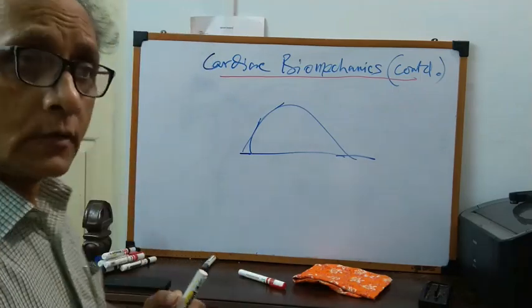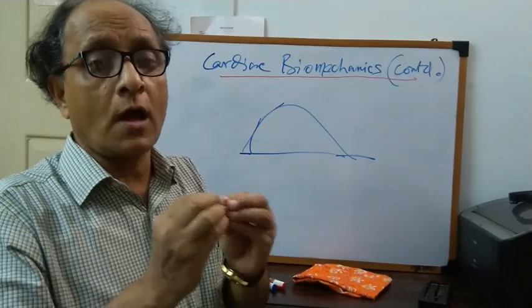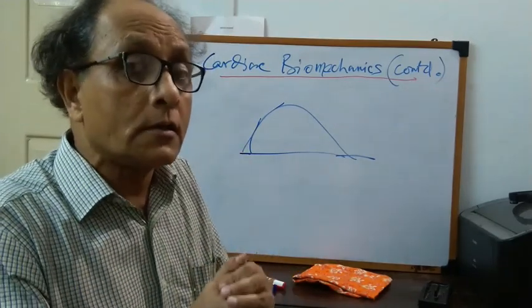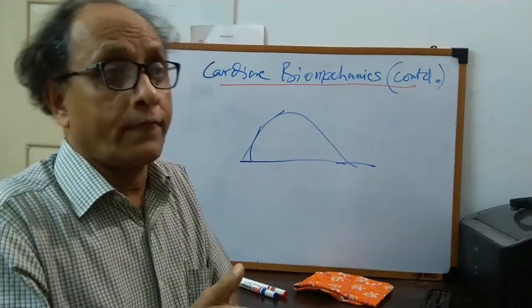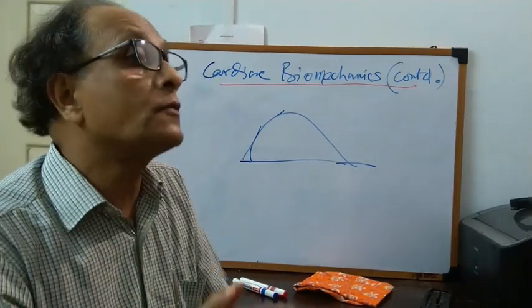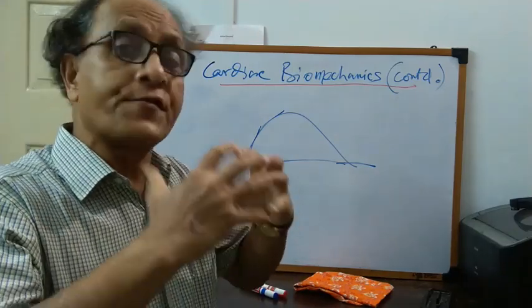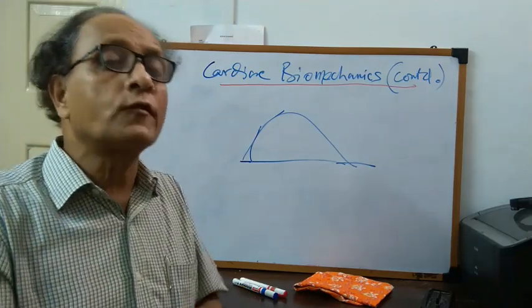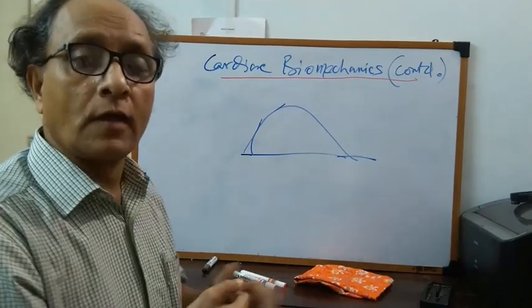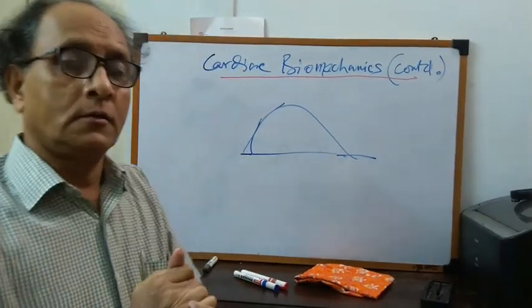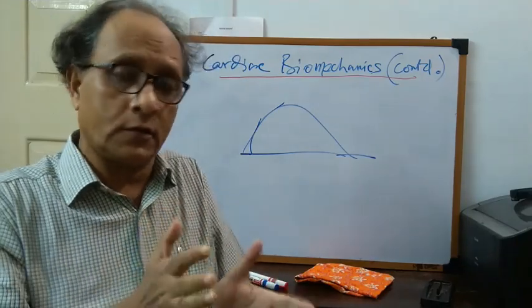So for isotonic contraction, what is the parameter of contraction? It is the velocity of shortening. And for isometric contraction, it is the tension which is developed. So to characterize an isometric contraction, we use the parameter tension, whereas to characterize the isotonic contraction, the appropriate parameter is the velocity of shortening or velocity of contraction.